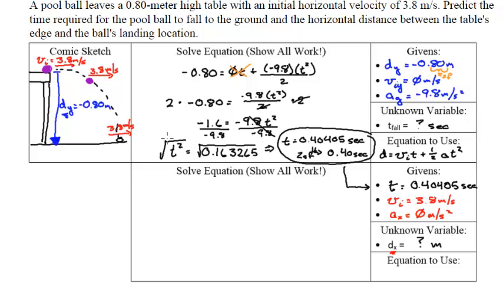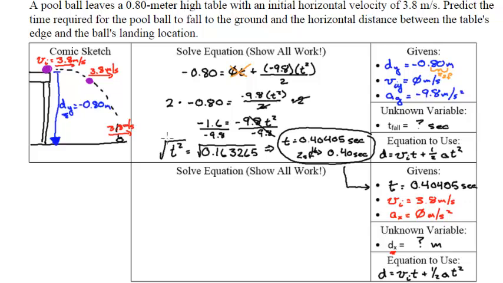And so now I need a formula that deals with time, velocity initial, acceleration, and distance. I think you'll find that distance equals velocity initial times time plus 1/2 acceleration times time squared.